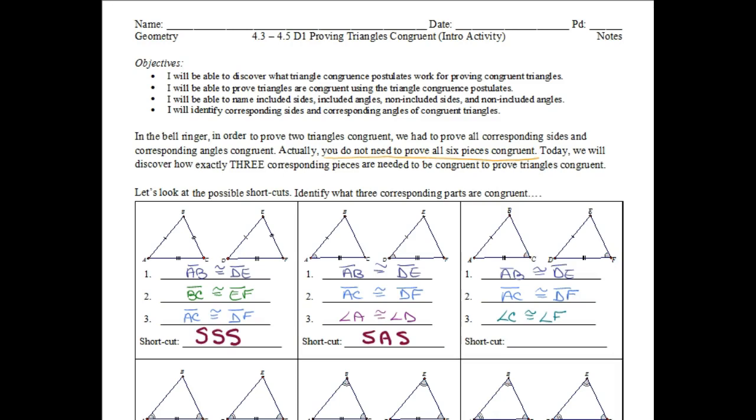This shortcut has to be written differently. We're also not allowed to write down any bad words, so the abbreviation is side, side, angle, where we're indicating that the angle is the non-included angle.